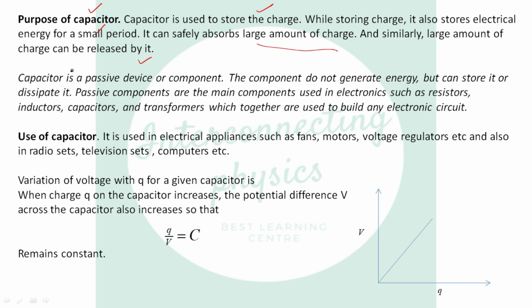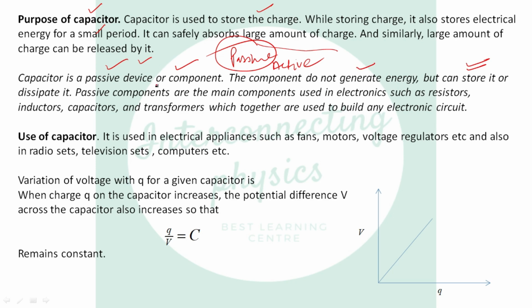And capacitor is a passive device. It is a passive component. In physics, generally we have two types of components, passive and active. And capacitor is a passive component. Passive components are the components which store energy, which do not generate energy, which only store energy.